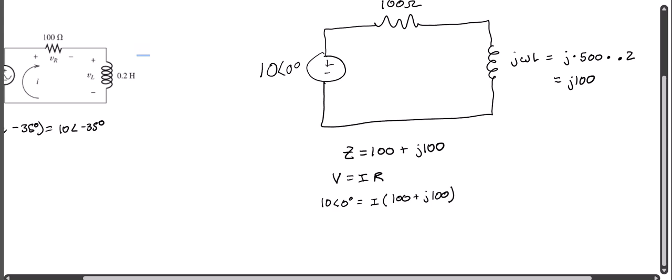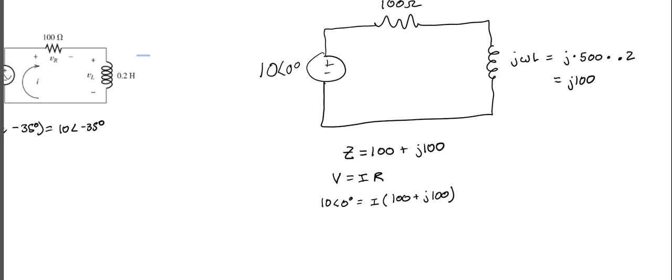So I have a mixture here. I have a phasor for the voltage, and I have rectangular for the impedance. And I can either change the voltage to rectangular, or I can change the rectangular to a phasor.